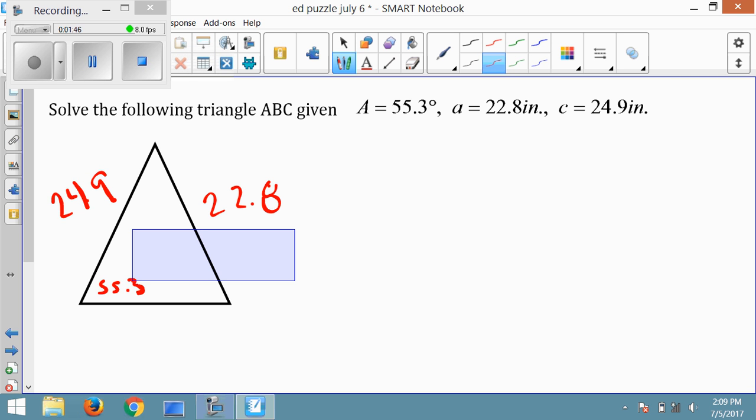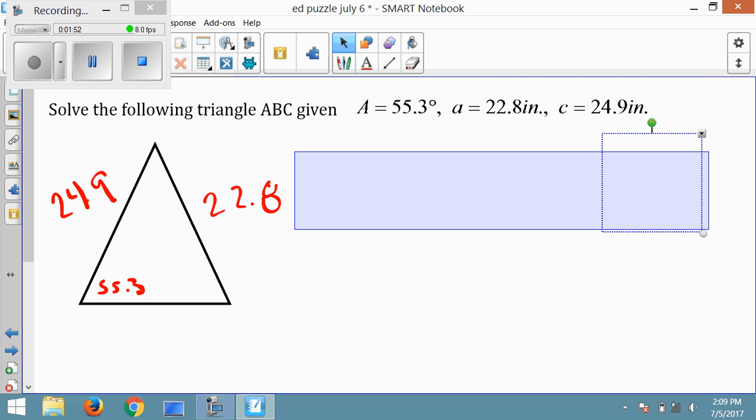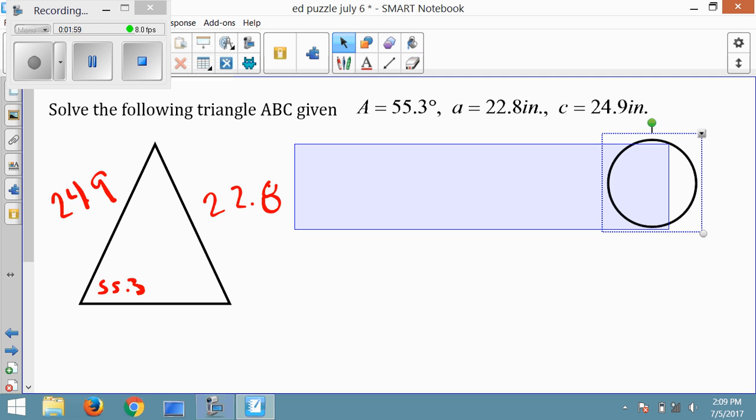Now make sure that your calculator is in degrees, since the problem is in degrees.